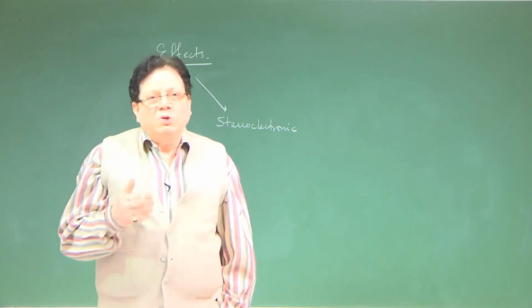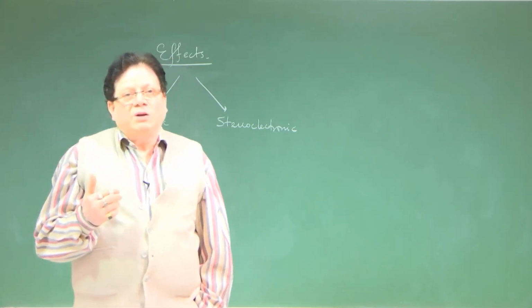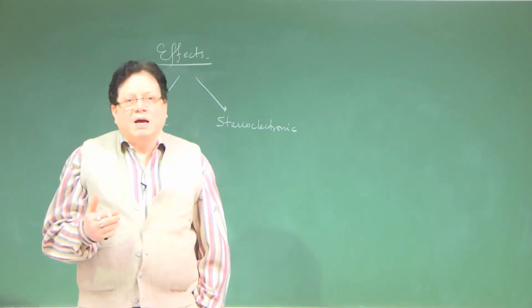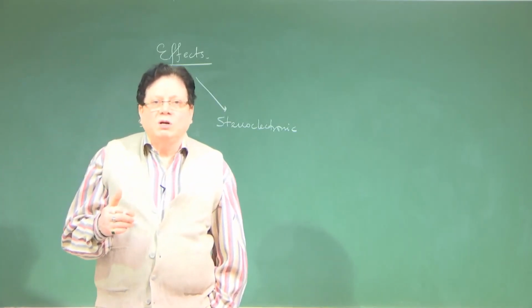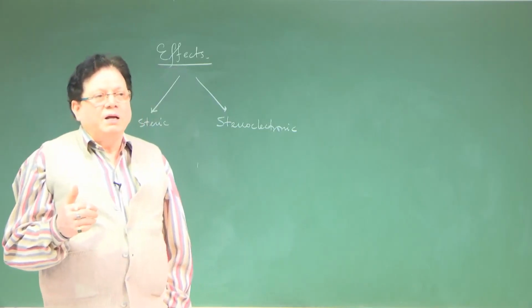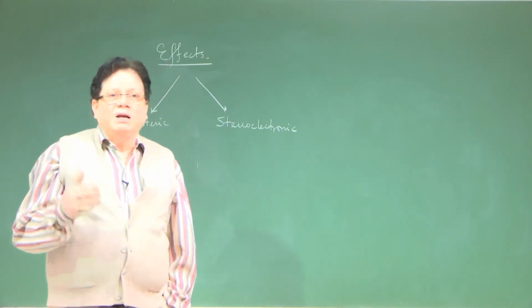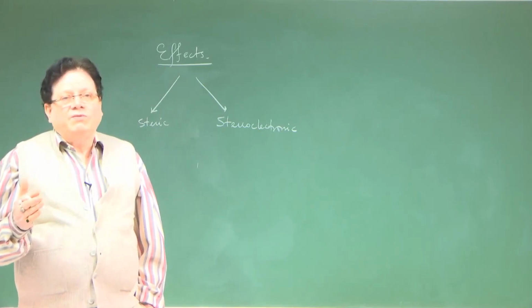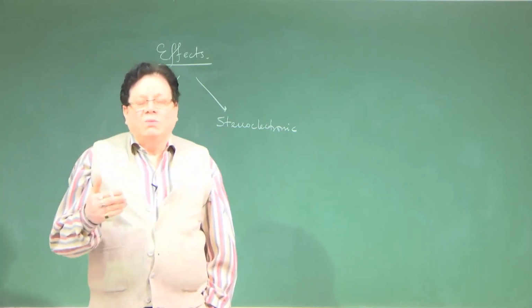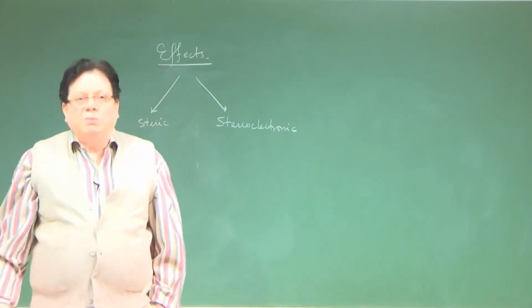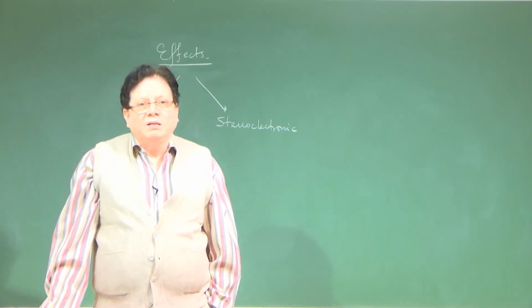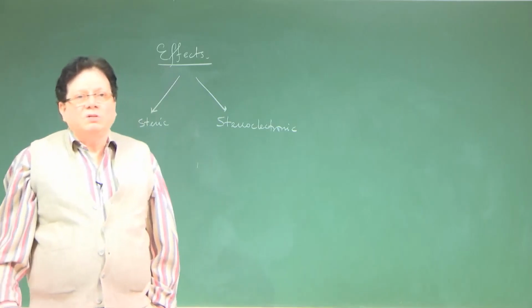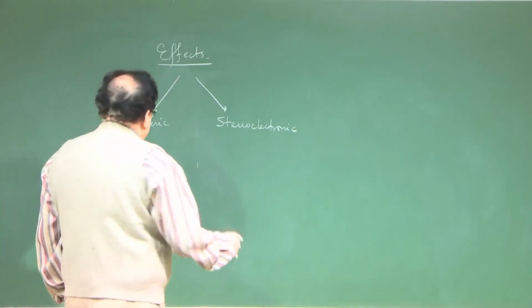That is also a kind of electronic effect, but it is segregated from the stereoelectronic effect. When we talk about stereoelectronic effect, we are not considering the steric effect. Here it is mainly the electronic effect, which is possible due to the overlap of certain orbitals with electrons. So, there is this distinction.